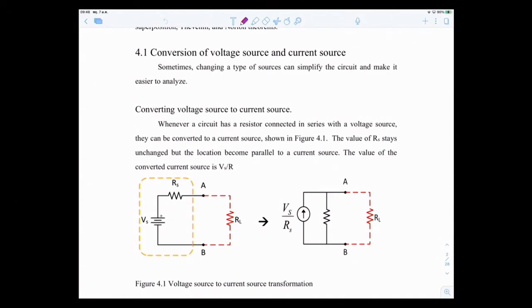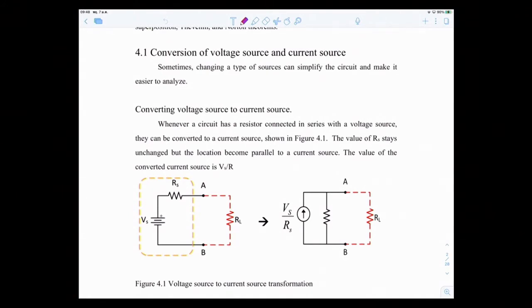Source transformation means you can change your voltage source into a form of current source, and you can also convert a current source into a voltage source.